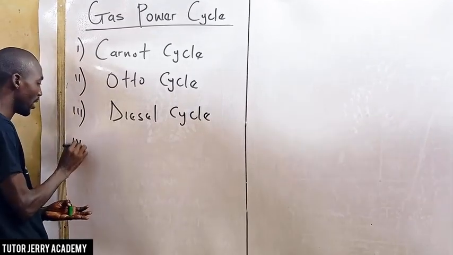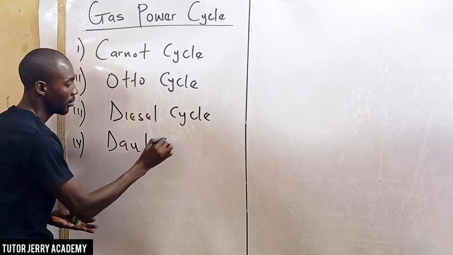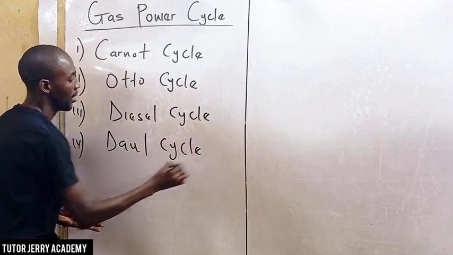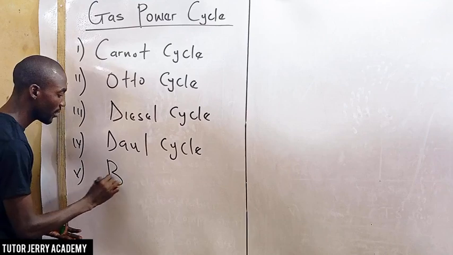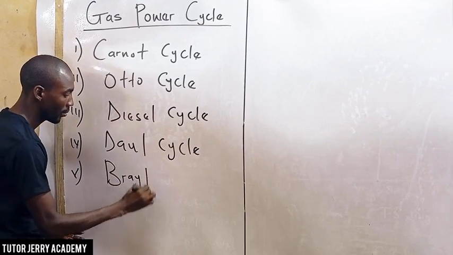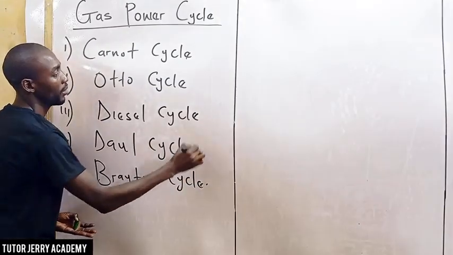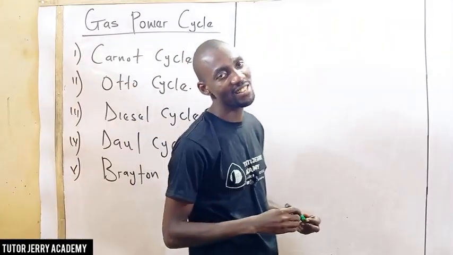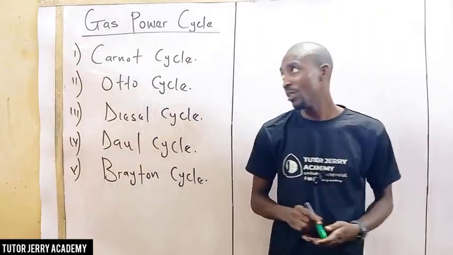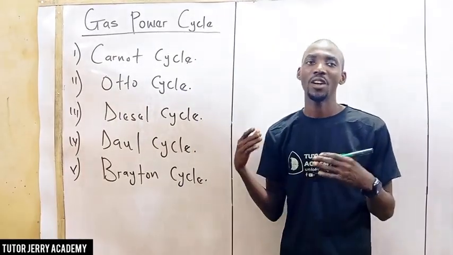The fourth one is the dual cycle, and the fifth one is the Brayton cycle. All right, so these are the five types of gas power cycle. We are going to be discussing them one after the other.